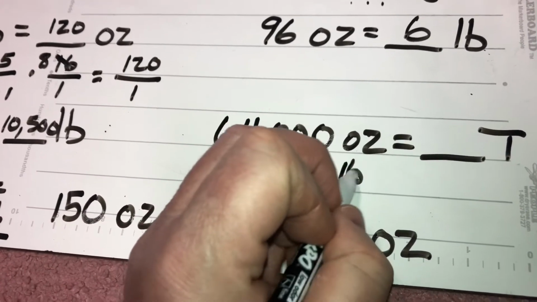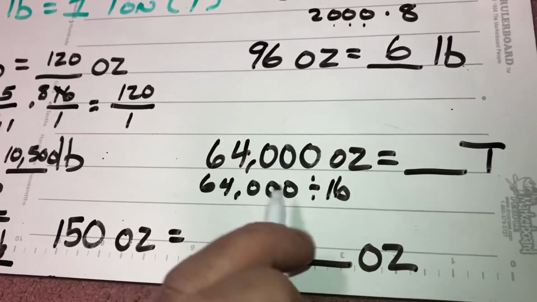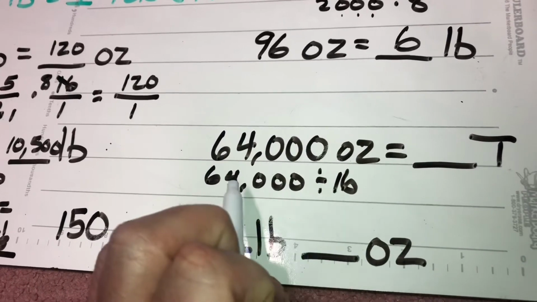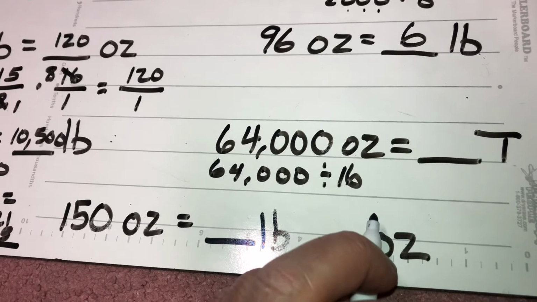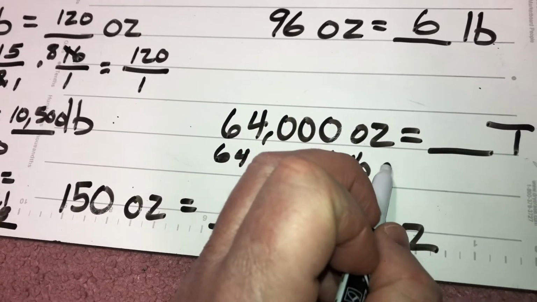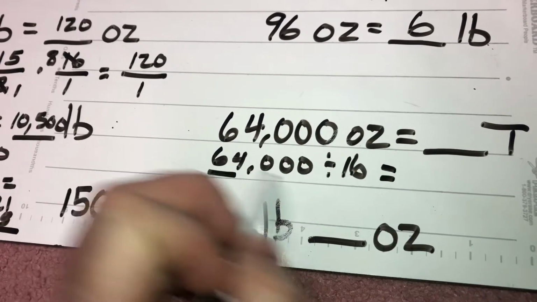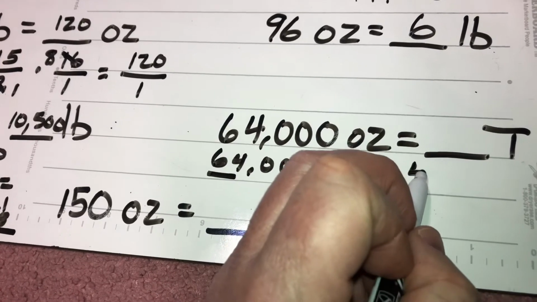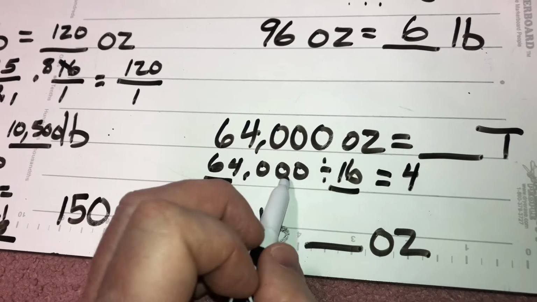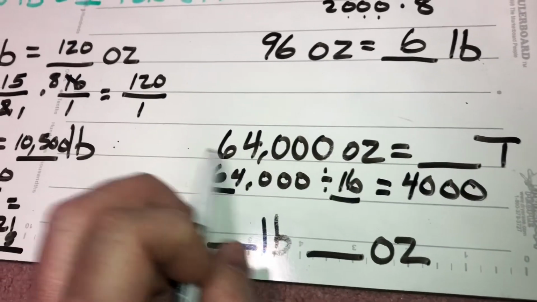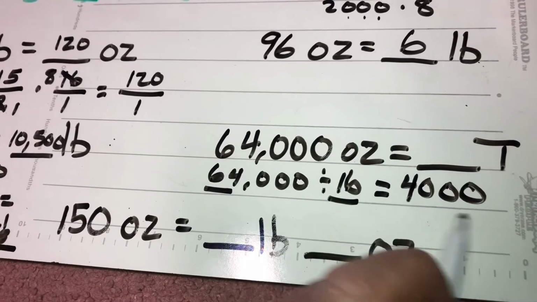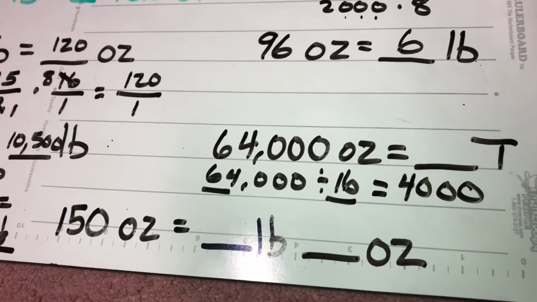Well, when I went through my 16 things, I realized that 16 times 4 is 64. So I know that 64 divided by 16 is 4, and I add the 3 zeros, so I get 4,000. 64,000 ounces is the same as 4,000 pounds.